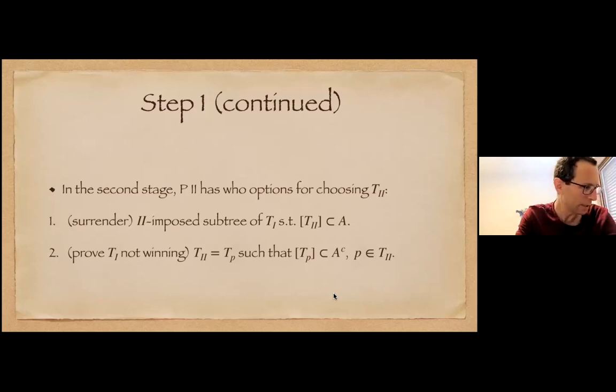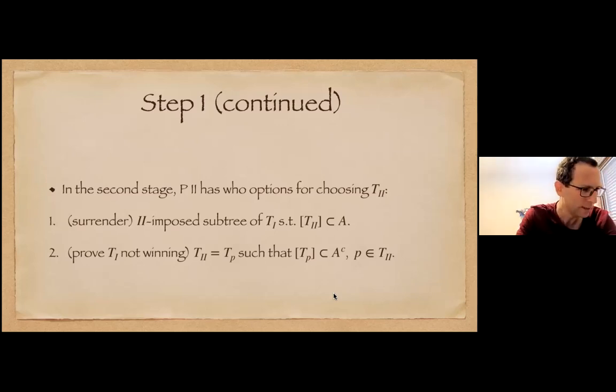and then we end up in A. And the second alternative is to prove that T1 is not winning. This is done by choosing T2 to be some T_P for some position P in T1. The last letter in the previous sentence should be T1, not T2.